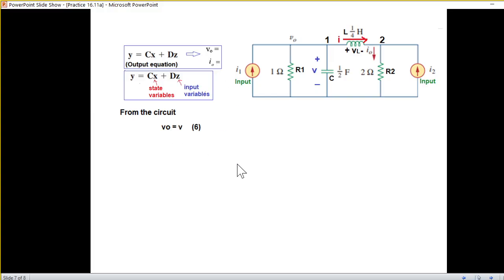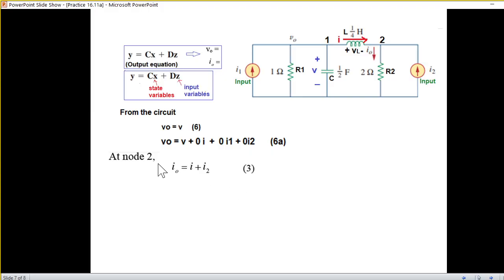So V0 from here, and here also we'll follow the same logic, because we don't have all the four variables. Like the state variable, we only have V, so we'll put I with 0. Similarly, we don't have anything about the input variable, so we'll put both of them with 0, 0 I1, 0 I2.